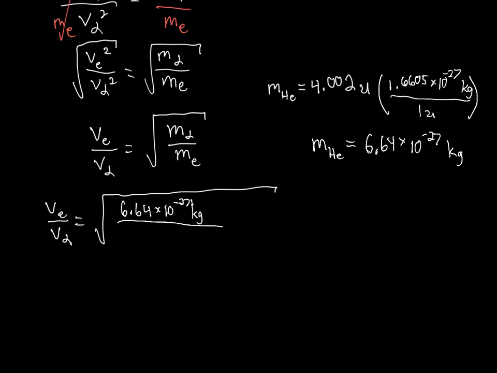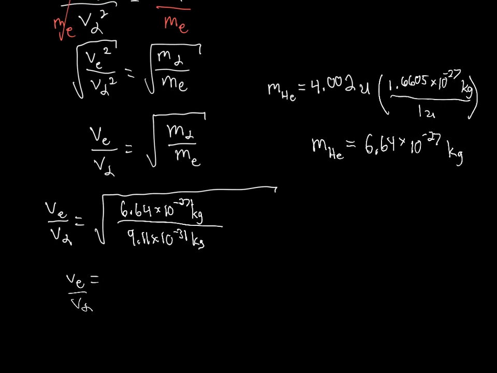And then we divide by the mass of an electron. What's the mass of an electron? You could just do 9.11 times 10 to the negative 31 kilograms. Plug those numbers in.